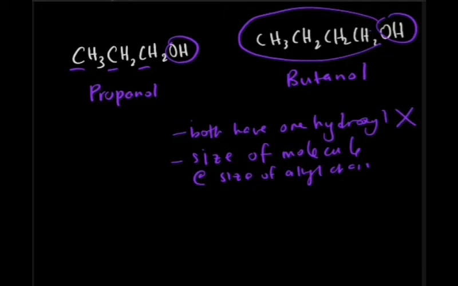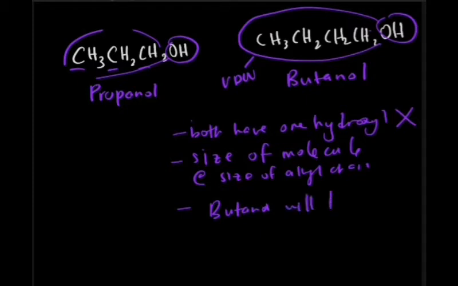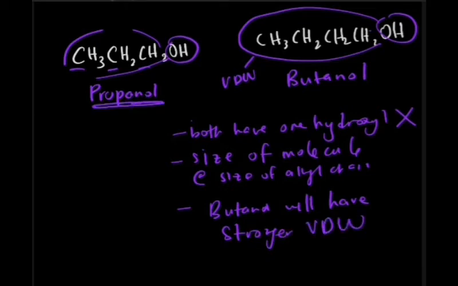Remember, for the alkyl chain we have van der Waals forces. So obviously your butanol will have stronger van der Waals forces compared to your propanol. Your propanol is small, so it has weaker van der Waals forces. So in this case, the factor to be focused on is the van der Waals forces.